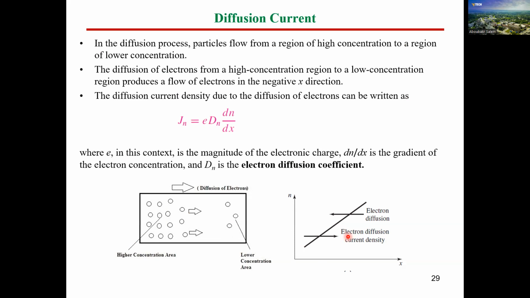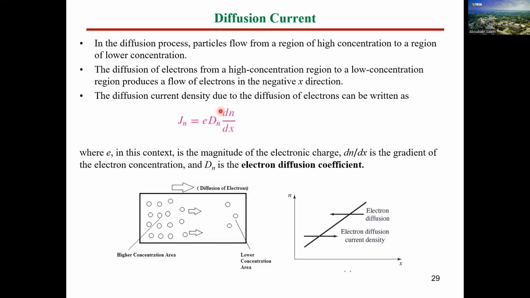So we can say now, guys, the diffusion current density equals e, which is the same constant, the electron charge, times a new variable here, Dn. Dn is referred to as the electron diffusion coefficient. It's constant. Okay, times dn by dx.